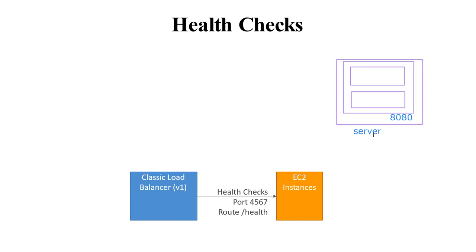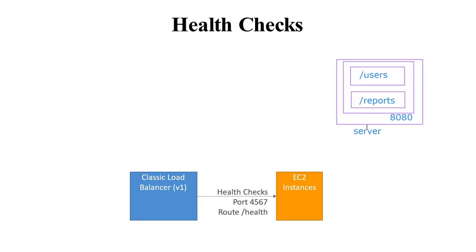Yes, we have launched the EC2 server, where we have installed Tomcat on 8080. But in this Tomcat, I have a users application, and another one is a reports application. So the service is the same, but it contains two applications.